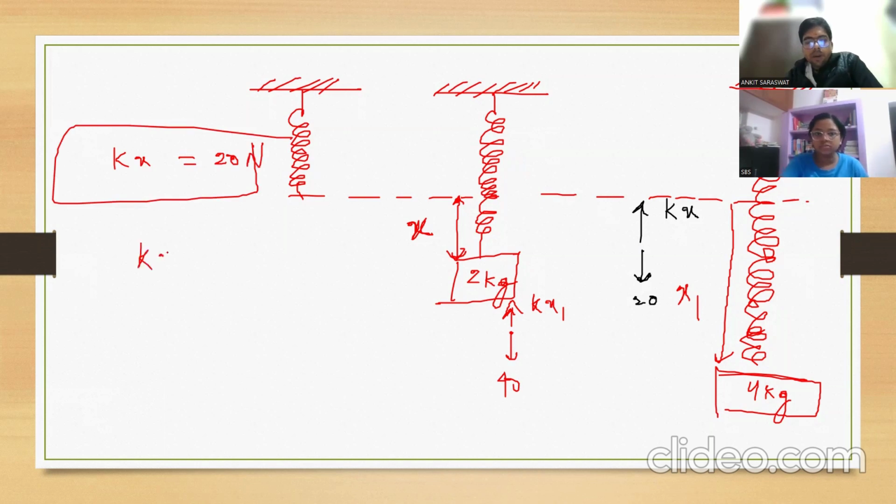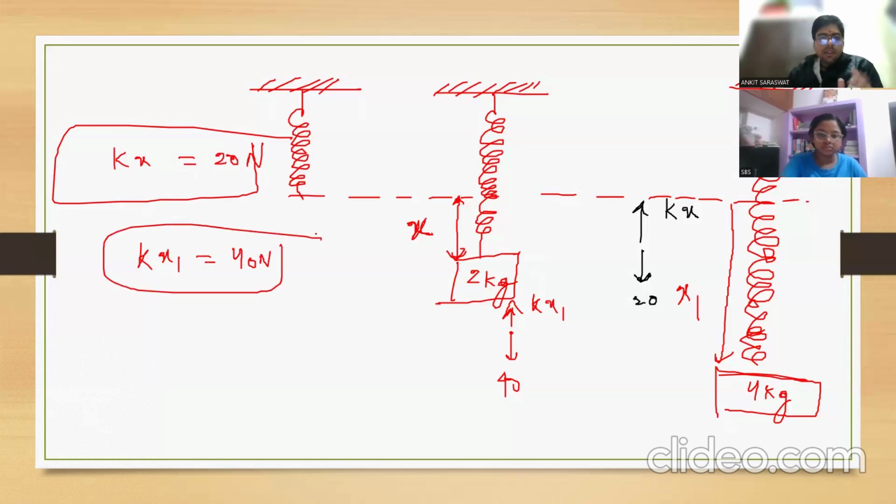Then when you increase the mass, it will be 40 Newton. Clear? Understood? When the weight is going to increase, the spring force is going to increase.